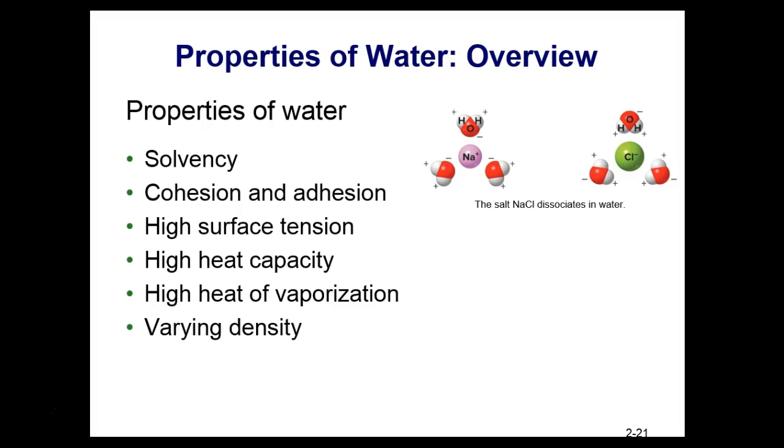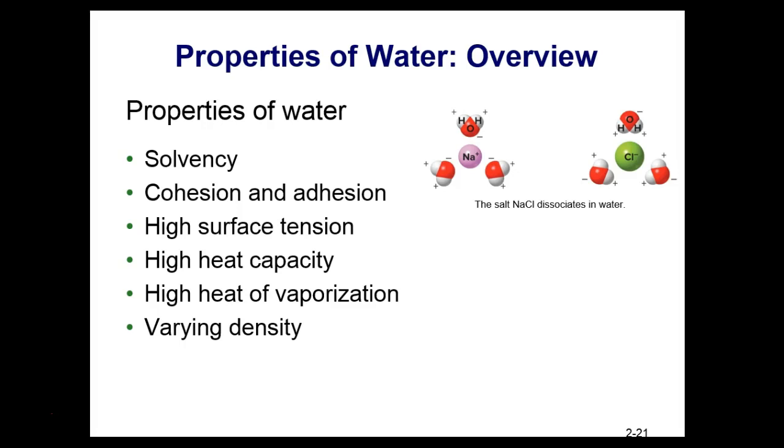Also, it has cohesion and adhesion, which means that the water molecules can cling to each other. And we're going to break each one of them down. If you look on page 30, figure 2.10, they're showing you a great example of both cohesion and adhesion of water molecules. They kind of cling together if you look at them.